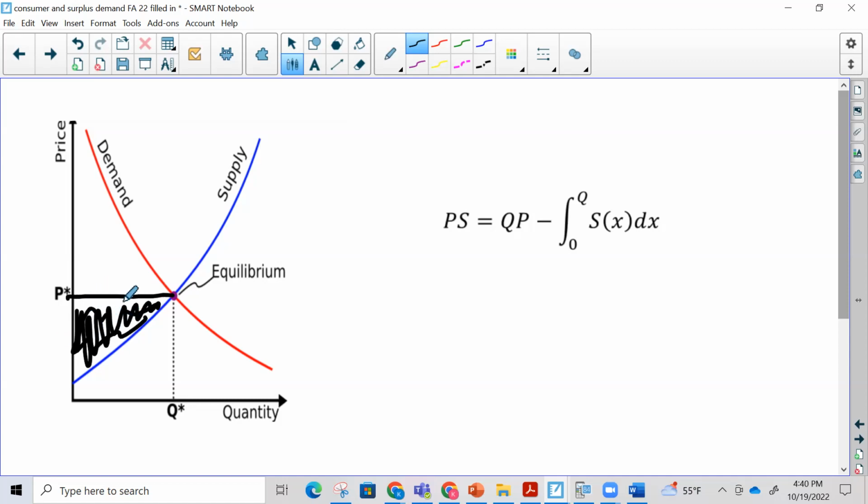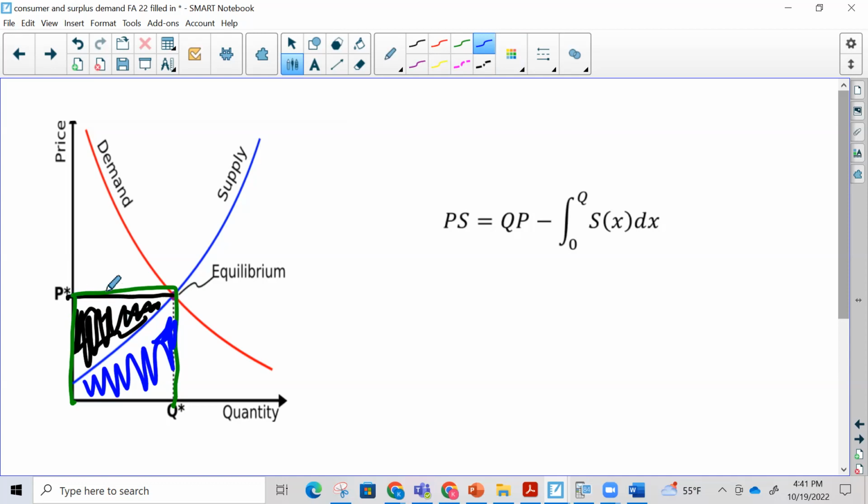To do that, we can find the area of the entire rectangle. This area of this rectangle would give me this entire region here. And then I can get rid of the area that's below the curve to get the area that we want, which is where the producer surplus occurs.